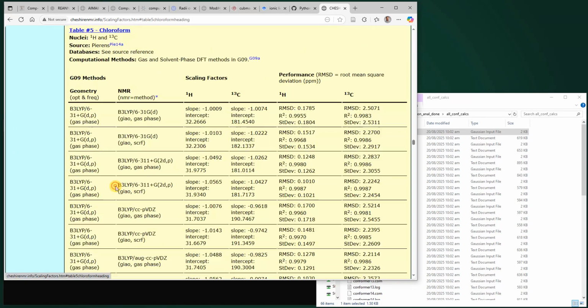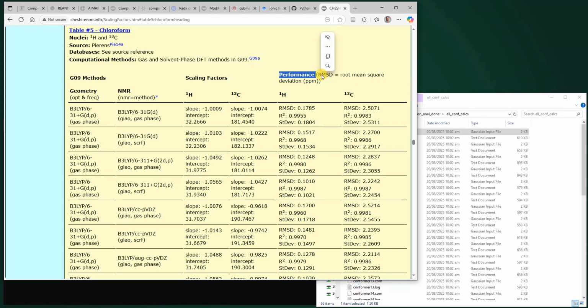Let's say I was doing chloroform. If you look at the chloroform section, you see that it says gas and solvent phase DFT methods in G09, and then it tells you about the methods, then the NMR setting, then the scaling factors, and then the performance.